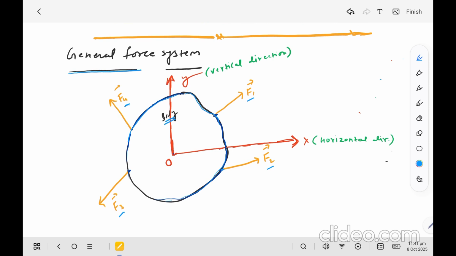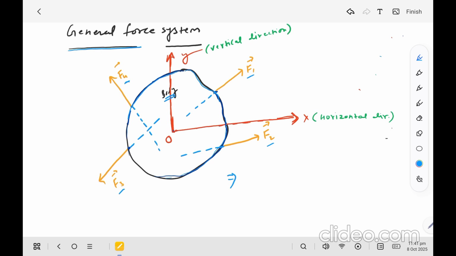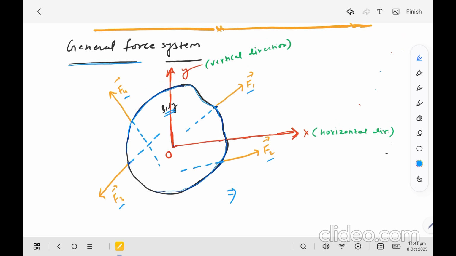Now if I draw the line of action of all these forces, line of action of F2, line of action of F3, line of action of F4, then we notice that the lines of action of all these forces do not coincide with x-axis or y-axis.